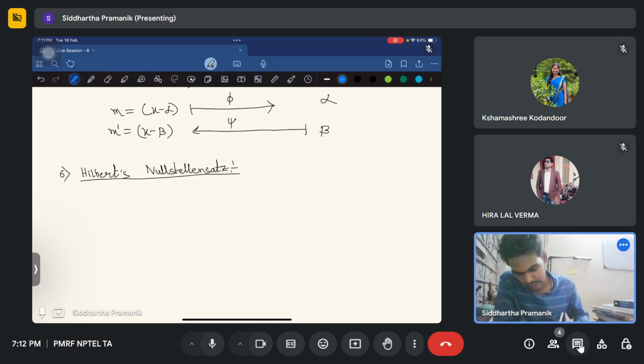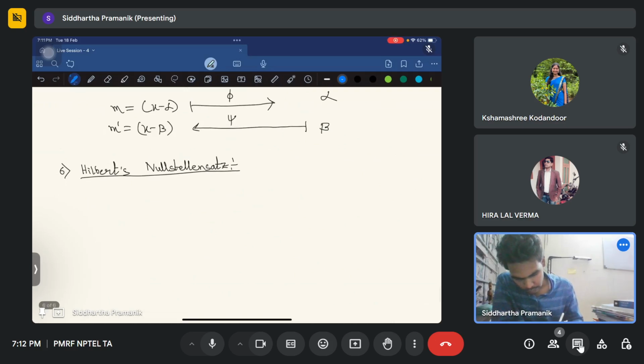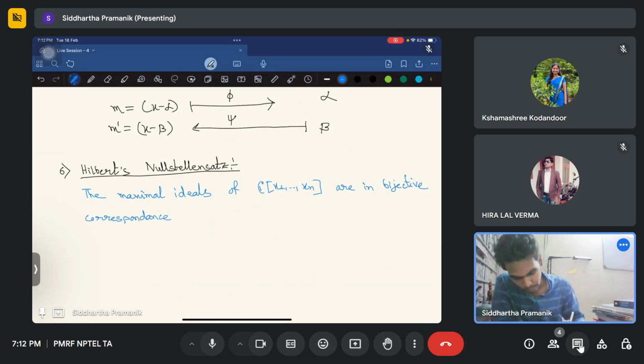So this theorem says that the maximal ideals of the polynomial ring C[x1, ..., xn], meaning the multivariable polynomial ring, are in bijective correspondence with the points in C^n.